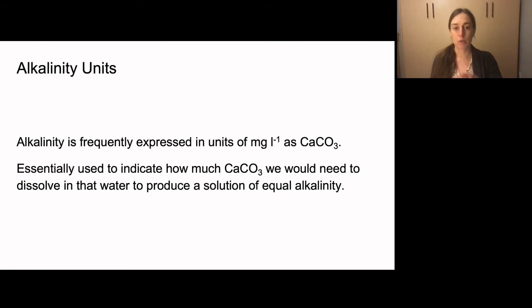Okay, so the units of alkalinity, alkalinity is frequently expressed in units of milligrams per liter as calcium carbonate. And the reason why is it's essentially used to indicate how much calcium carbonate we would need to dissolve in that water to produce a solution of equal alkalinity.